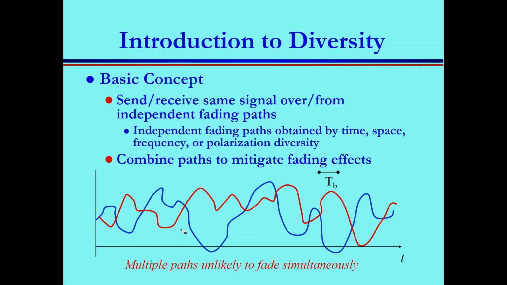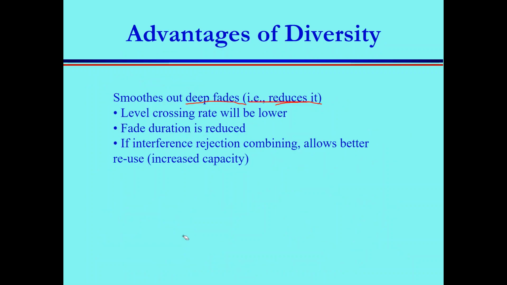And how many times this happen within the duration of the channel or within the duration of your retransmission? You count how many times. Let's say if your channel is highly frequency selective, you will have too many of these deep fades. Yes? So how many times you experience these deep fades within a period? This we call it crossing. We call it level crossing rate.